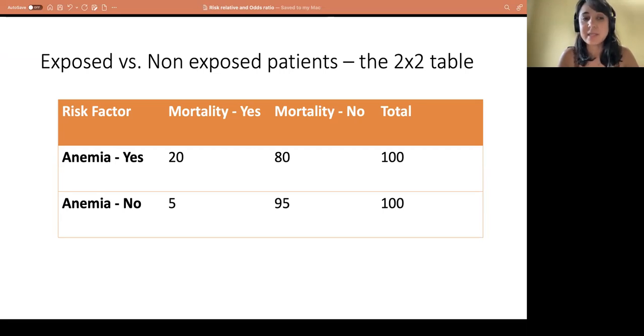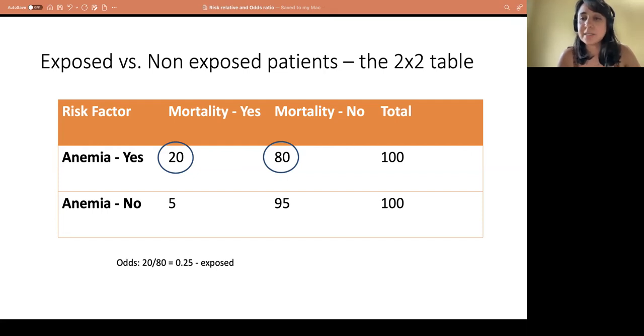In this case, the odds of dying in the group exposed to anemia: the numerator will be 20 patients that died in the exposed group, divided by the number of patients that are still alive. 80 patients are still alive even though they were exposed to anemia. So divide by 80. So the odds in this case would be 0.25 in the exposed group.